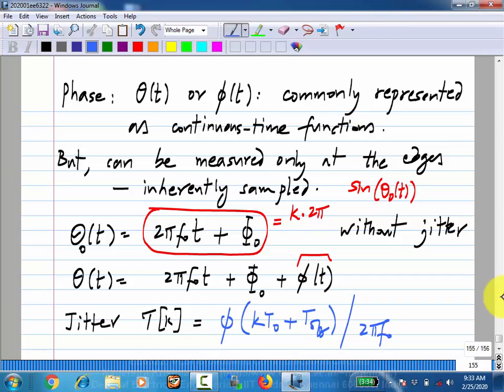No, this is the relationship. If you know that value, you can write it like this. Otherwise, you have to use statistical measures. If this is noise and phi is random, this jitter also will be random, that's all. Okay? Is this fine? So this is the relationship between different quantities.